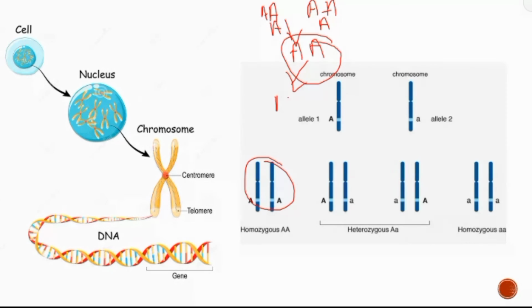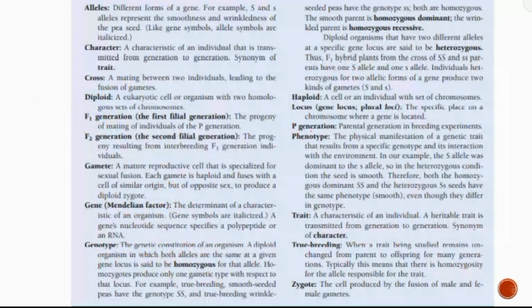Now if we cross this zygote or this F1 progeny with the other one that also has the smooth phenotype and is also homozygous for both the alleles, a similar situation will happen again. The F2 generation will also be smooth and homozygous for both the alleles. So that is what is called true breeding.